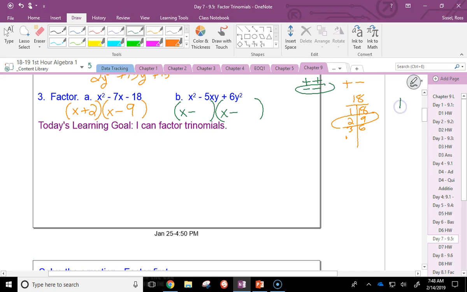We find the factors of 6. So I'd have 1 and 6, 2 and 3. And on this one, we get to add them together to find out which one. So I have to get to -5, so I'd use 2 and 3.